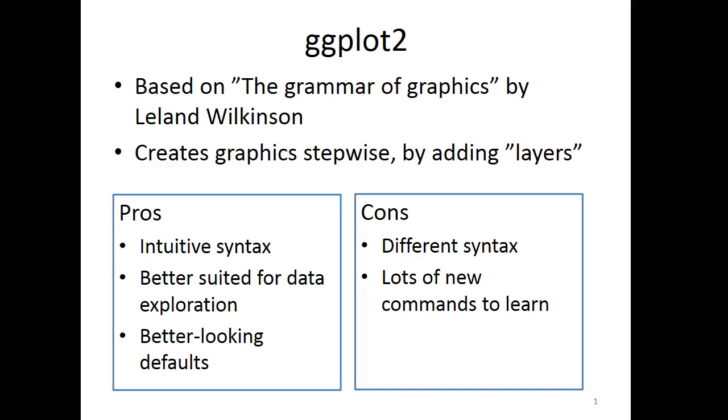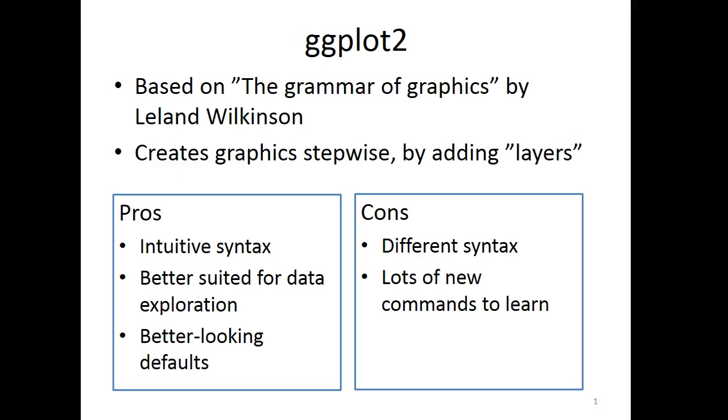One of the great advantages of ggplot2 is that the syntax might be considered a bit more intuitive, and it's more compliant with the way you develop the graphs step by step. It also has a lot of functionality that makes it better suited for data exploration.